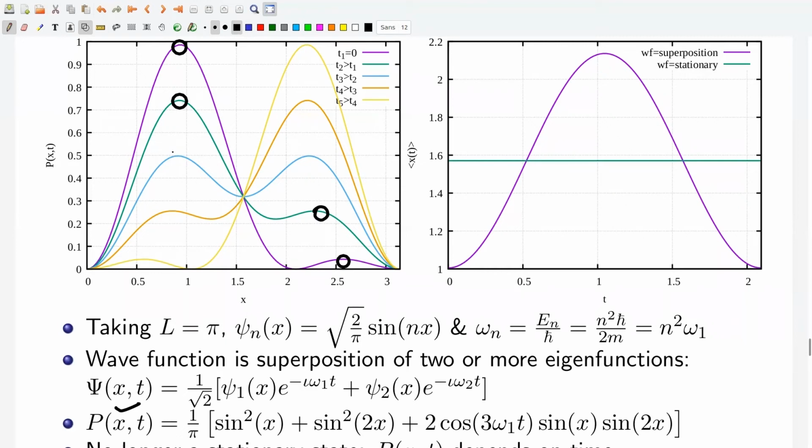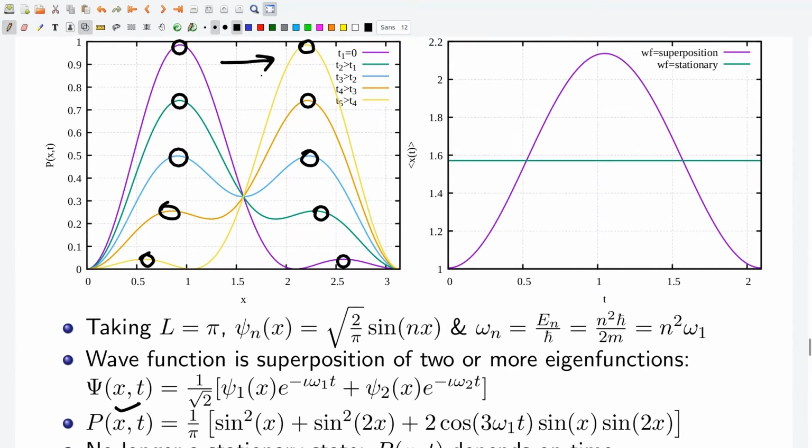So at time t3, the particle is equally likely to be found in the right hand as well as the left hand side, and then even further, the probability of finding the particle is high in the right hand side and it becomes low in the left hand side. So it appears as if the particle is moving from left hand side to the right hand side of the box.